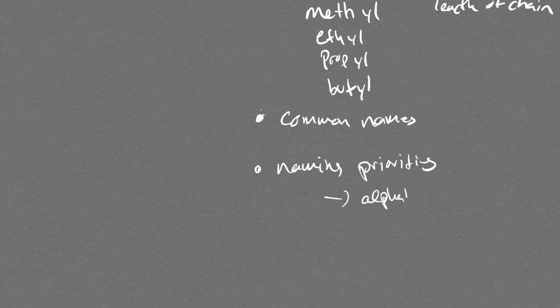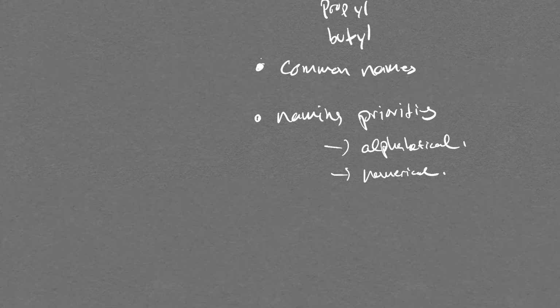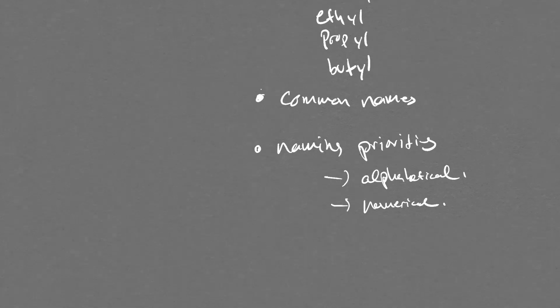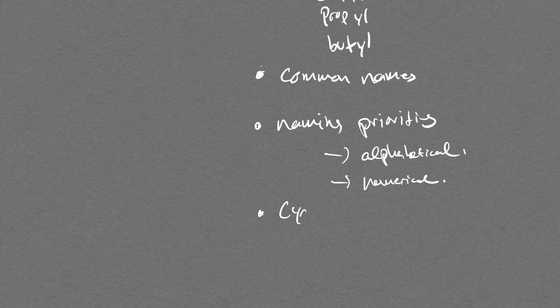The alphabetical priorities, the numerical, and that's to say keeping the number substitution pattern down on the numerical priorities, and the alphabetical priorities. So there's a number of different things that you want to keep in mind. And then we also did the cyclo, and I think it's called a bicyclo, but multiple rings. We covered both of those as well.